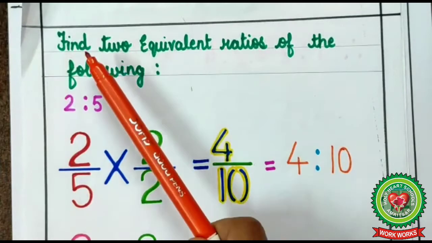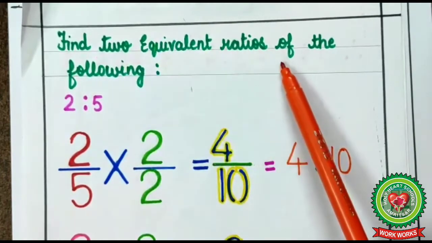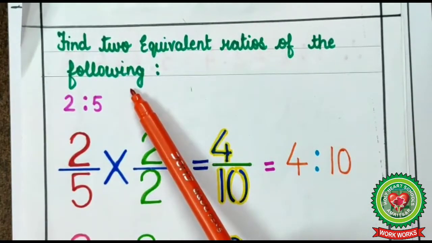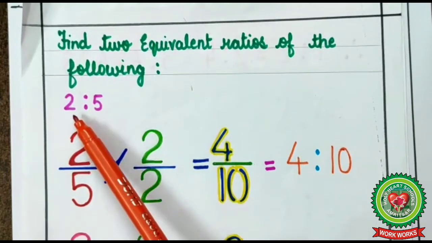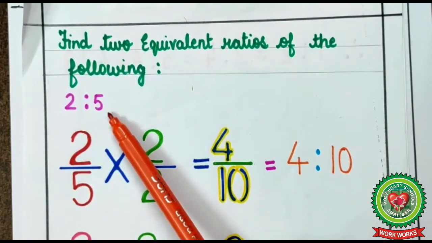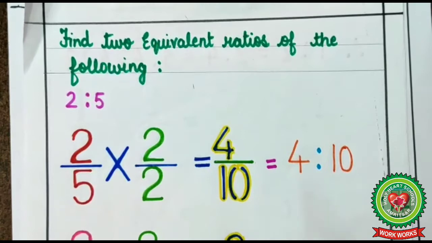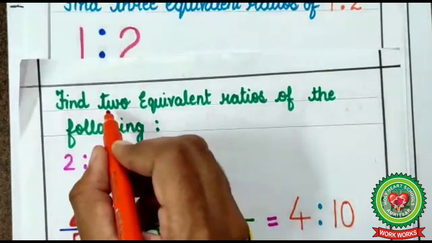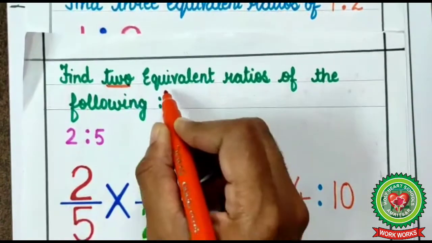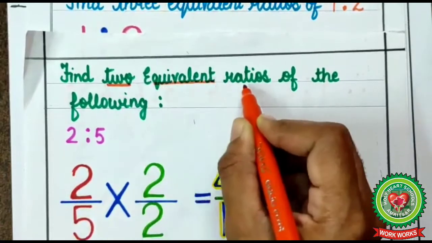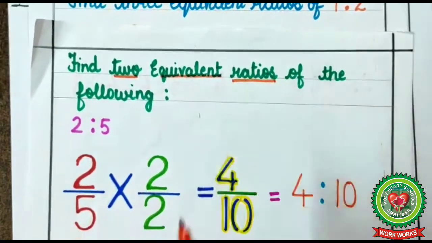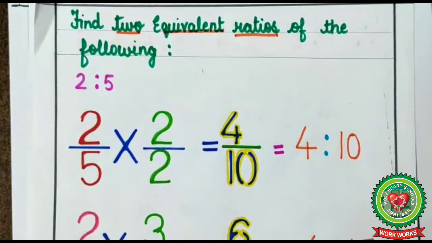Here, find two equivalent ratios of the following. Here statement is 2:5. Here we want to find out two equivalent ratios. Now equivalent ratios are same as equivalent fractions.